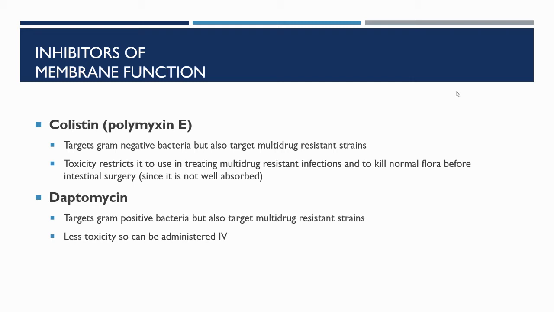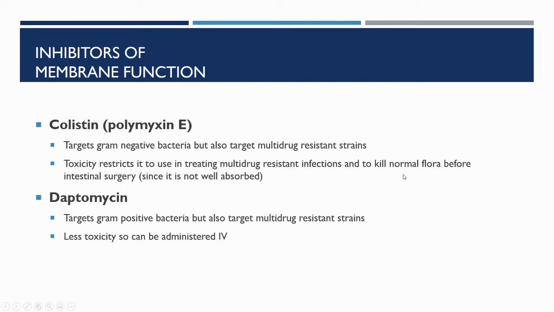Colistin targets gram-negatives and also multi-drug resistant strains of bacteria. Its toxicity restricts it to only using those multi-drug resistant infections, or to kill normal flora before intestinal surgery. So we limit that because it is very toxic, and because it's not targeted very well.